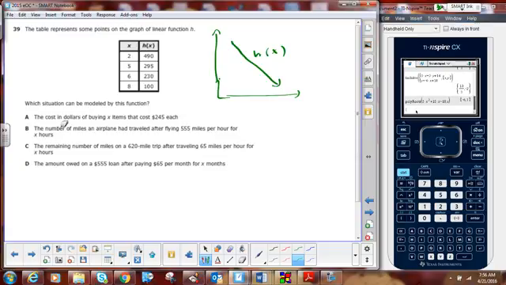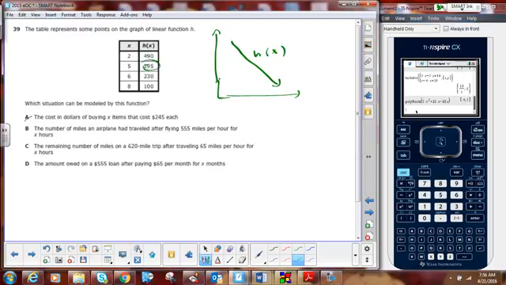So they want to use whatever they use. You're going to match a real life situation. So in this case, let's see which one. The cost in dollars of buying x items that cost $2.45 each. If you buy 2, if you buy 5, it should cost you more, not less.